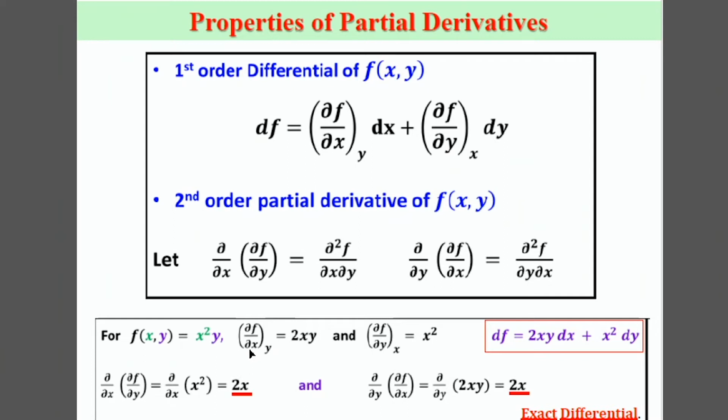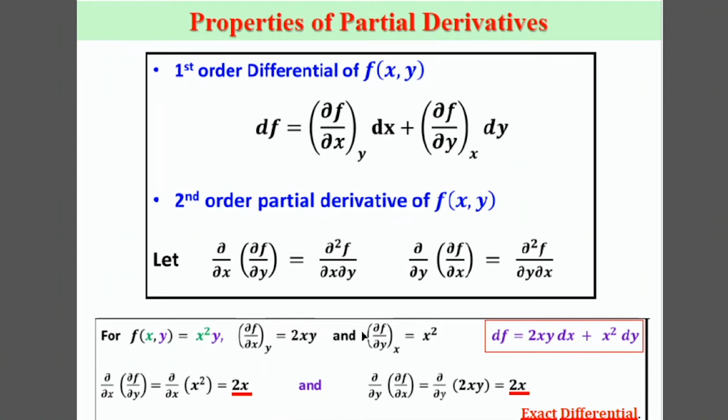Now I carry out the second differential. Whatever I get, I differentiate with respect to y, keeping x constant. What do I get? I get 2x.